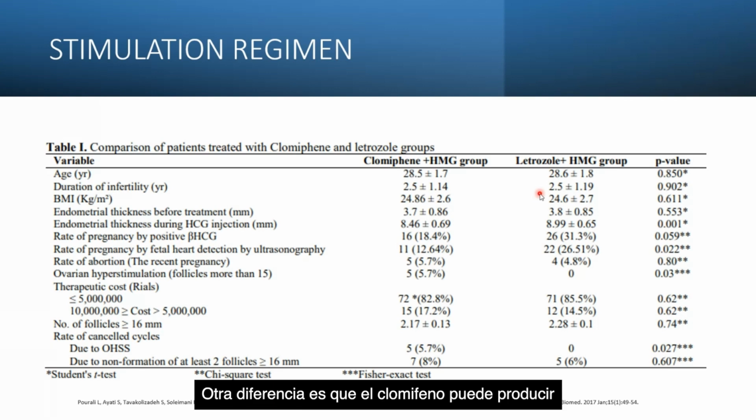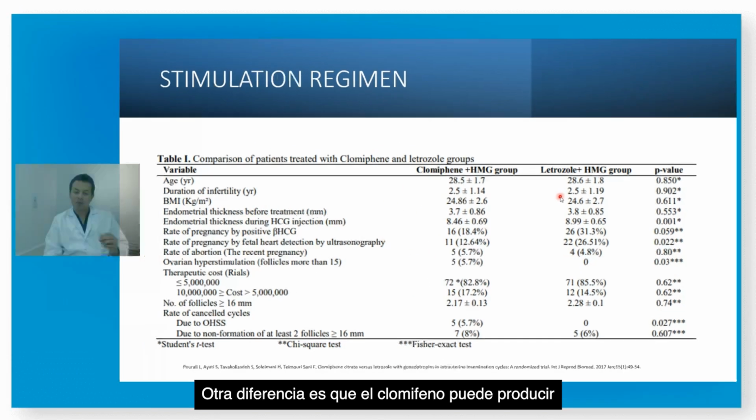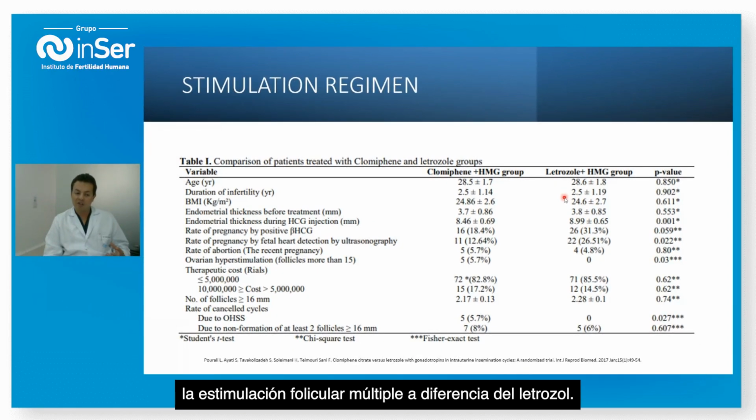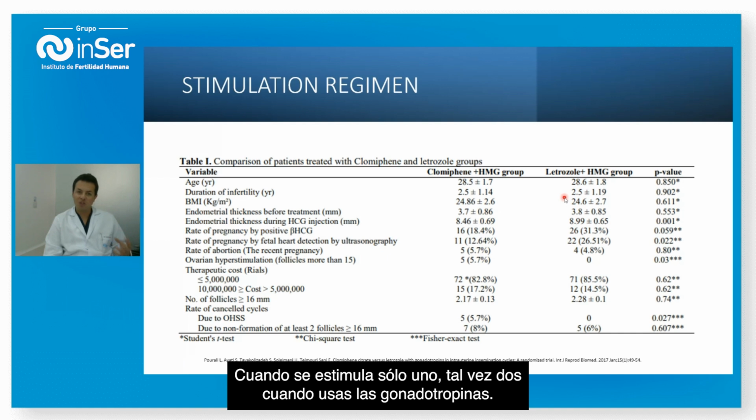Another difference is that clomiphene can produce multifollicular stimulation, different from letrozole, where you stimulate just one, might be two when you use the gonadotropins.